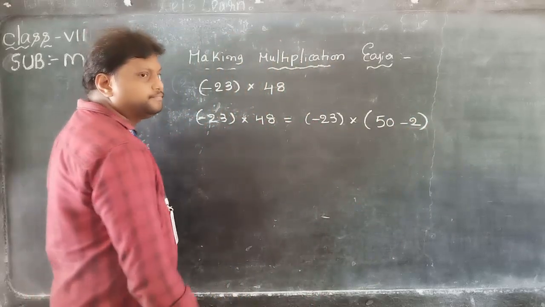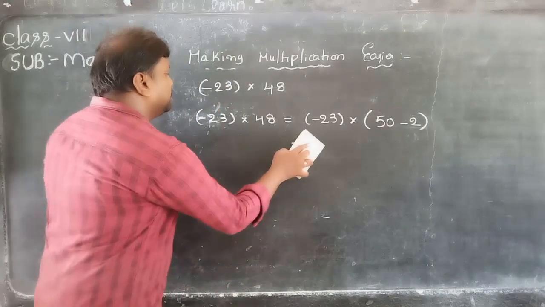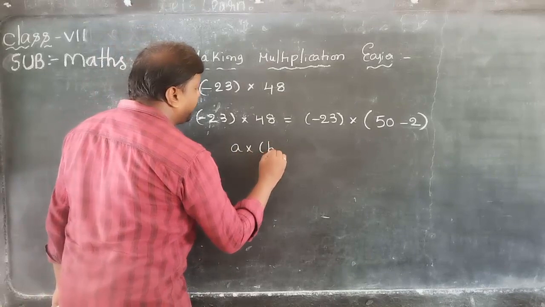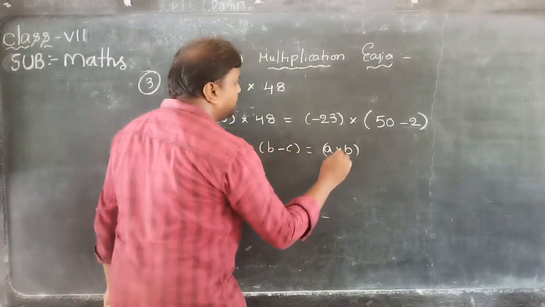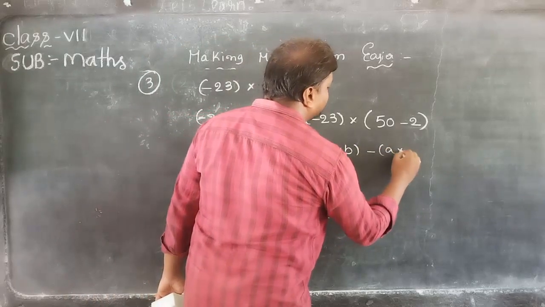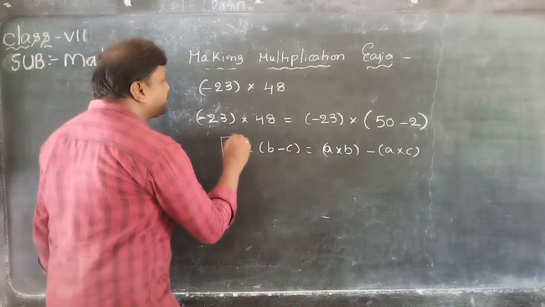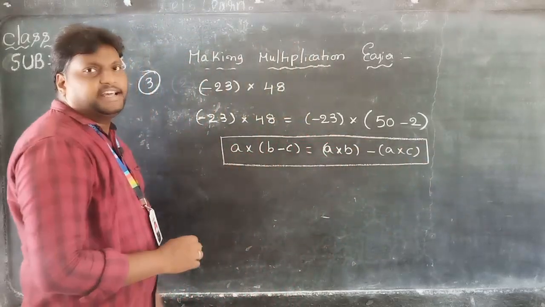Which property can we apply here? A into B minus C is equal to A into B minus A into C. This is the distributive property of multiplication over subtraction.